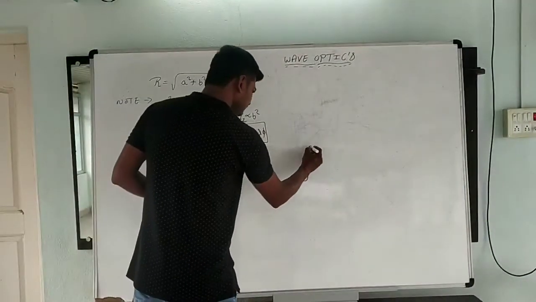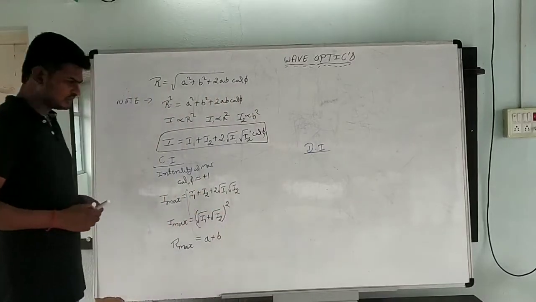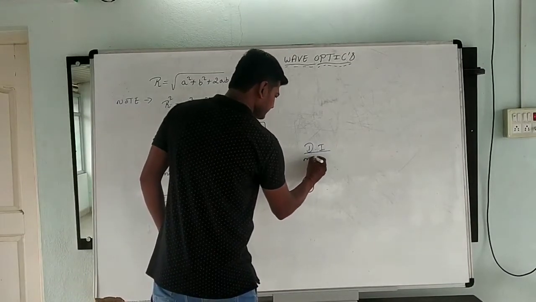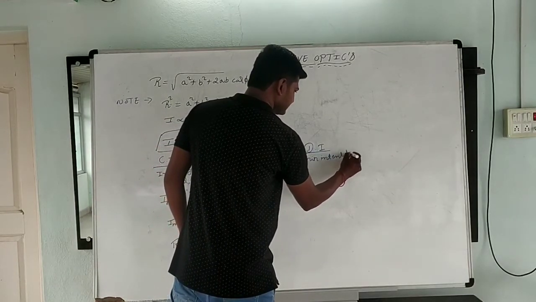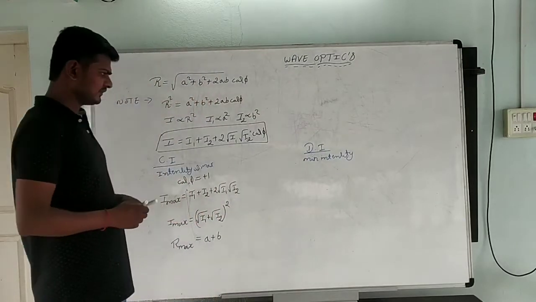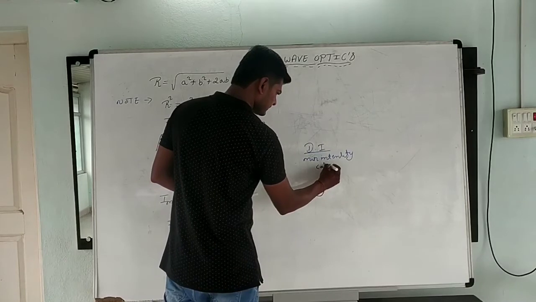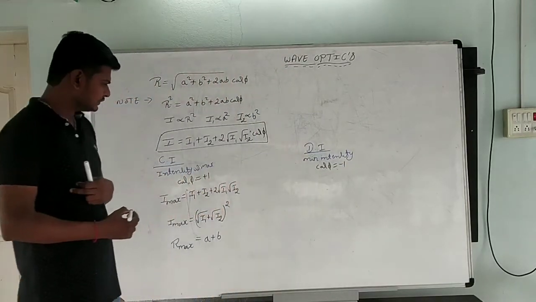Again, destructive interference. Destructive interference means minimum intensity. Minimum intensity means cos phi is minus 1.